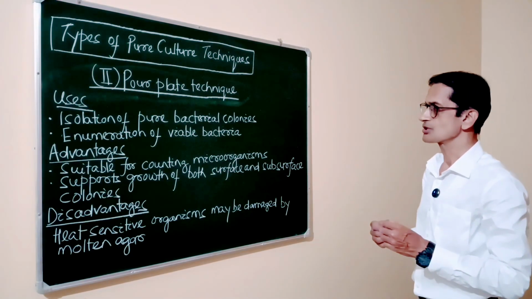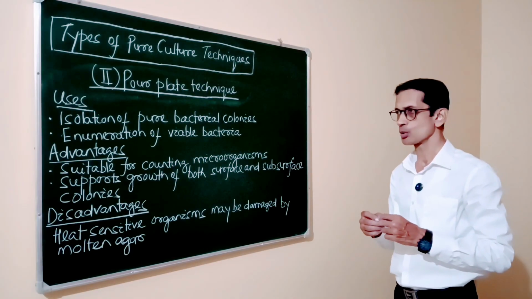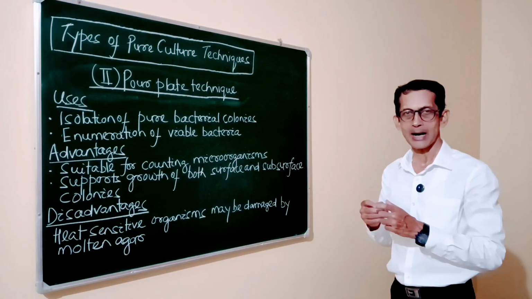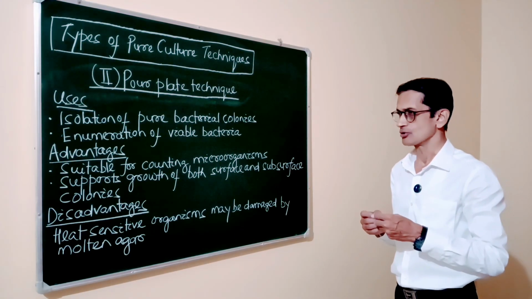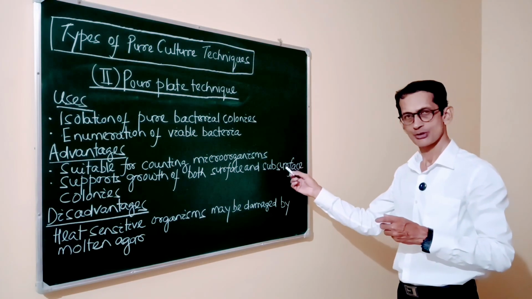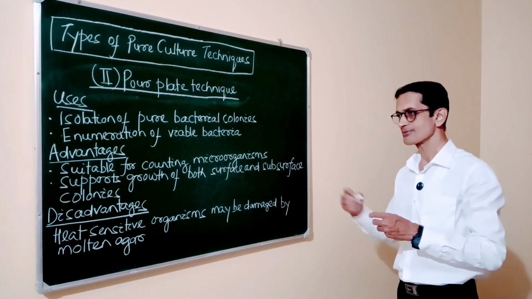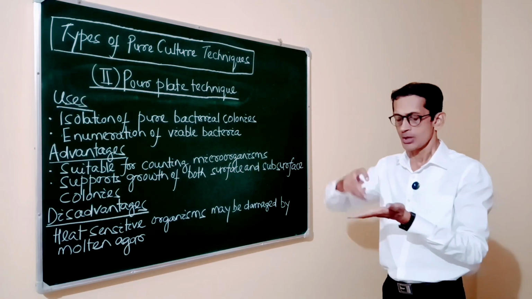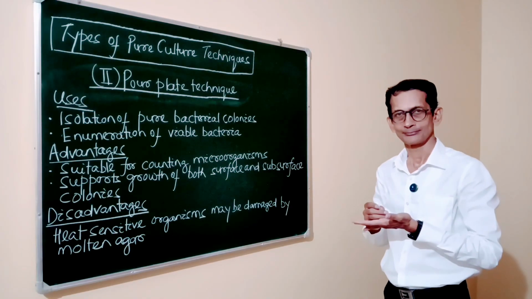So now the uses of pour plate technique: isolation of pure bacterial colonies, enumeration, means counting of viable bacteria. Viable here means active enough to cause infections. Advantages: suitable for counting microorganisms, supports growth of both surface and subsurface colonies, because what we studied, the colonies will be formed within the agar and at the surface of the agar.